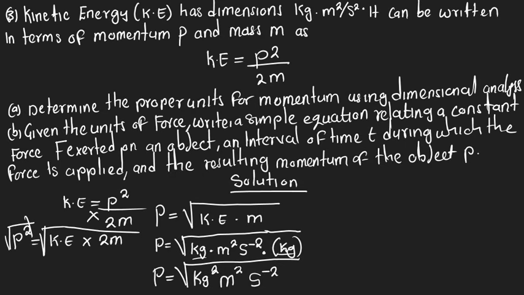When you reach there, you are going to cancel. So this square root is cancelling with this 2 for kg, this same square root is cancelling with this 2 for m, and this same square root is cancelling with this 2 for s. So you're going to have a negative 1 there. Henceforth, the units of momentum will be kg multiplied by m multiplied by s to the power negative 1.